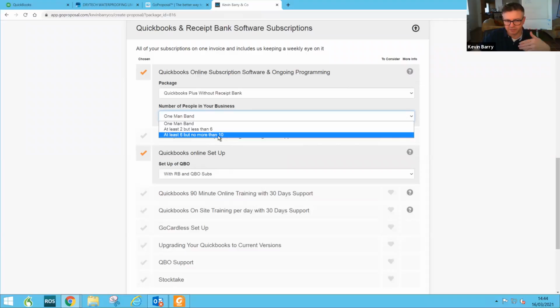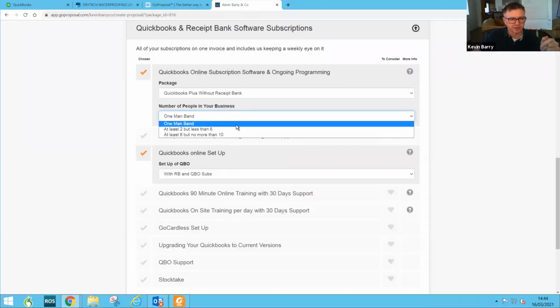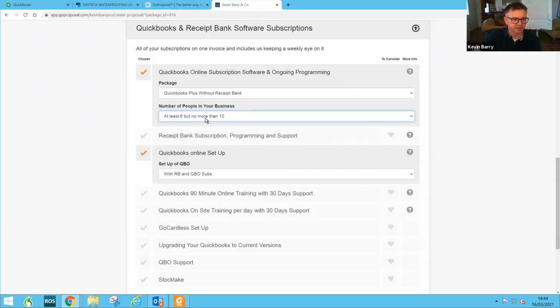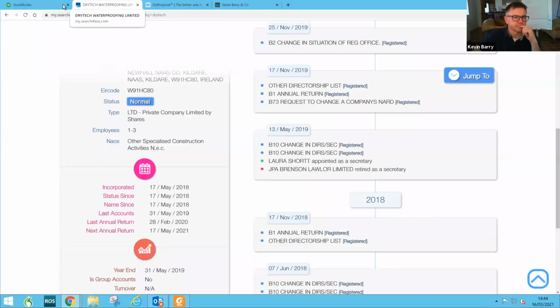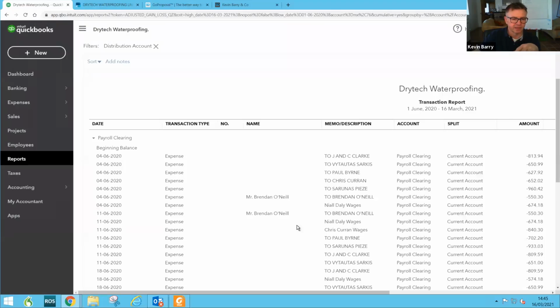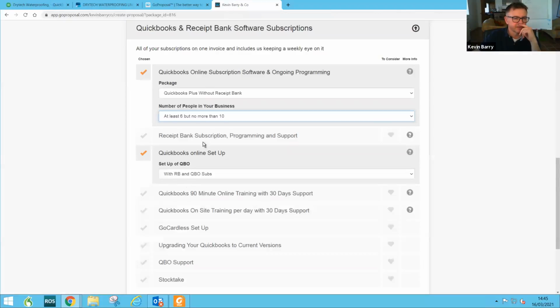The more people there are, that obviously brings on the transactions. So let's say there's at least 6, plus the owners. So at least 6, but no more than 10.